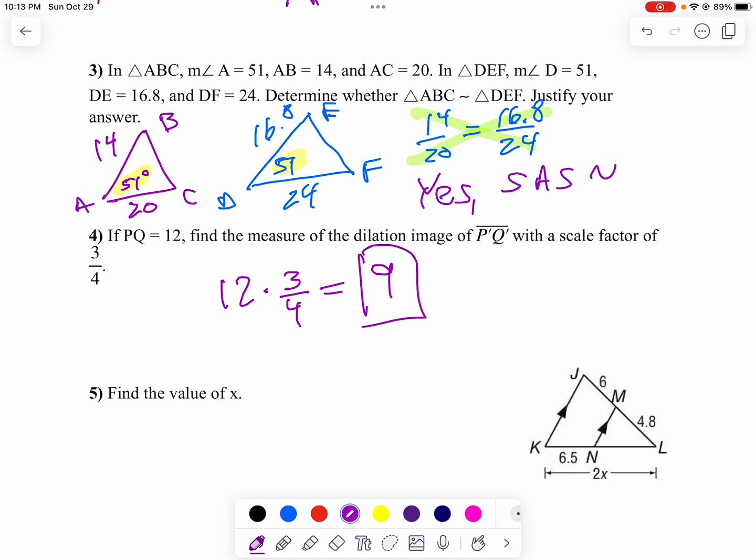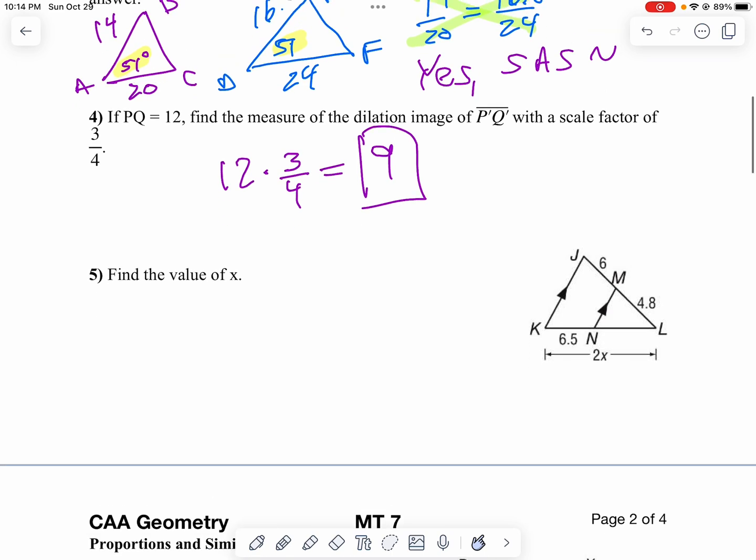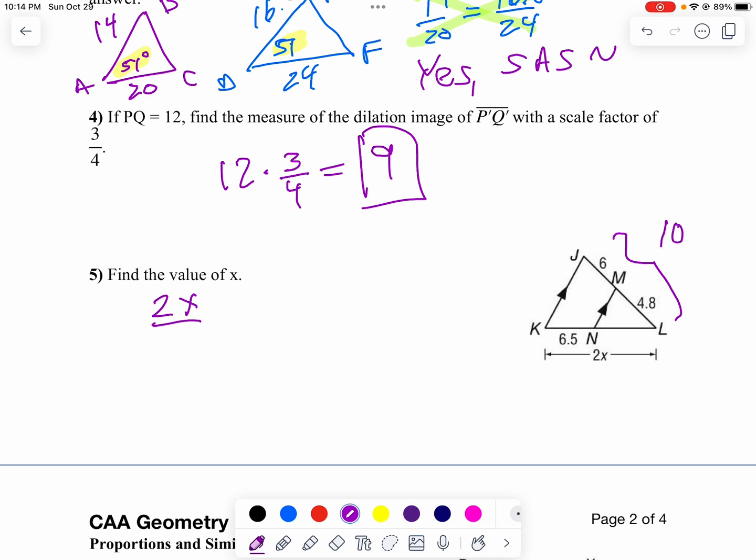On question 5, we want to find the value of x, which is the side of the big triangle. I'm going to raise it up just a tad here. So 2x, notice the triangles are similar because we have angle-angle similarity. So 2x is to the length of the whole side of the big triangle, I'll say that's 10.8.